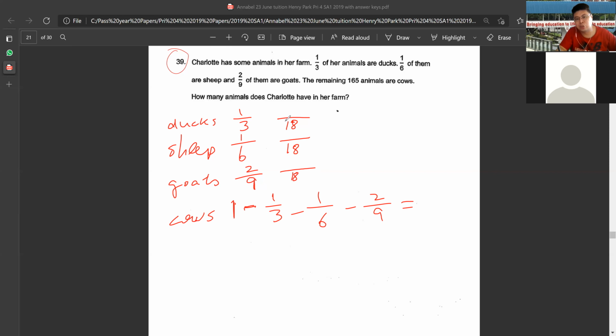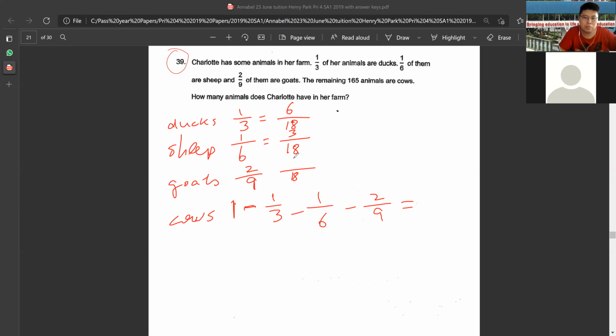So how did 3 become 18? 3 times 6. So here, what must I write? 6. And here, times 3.